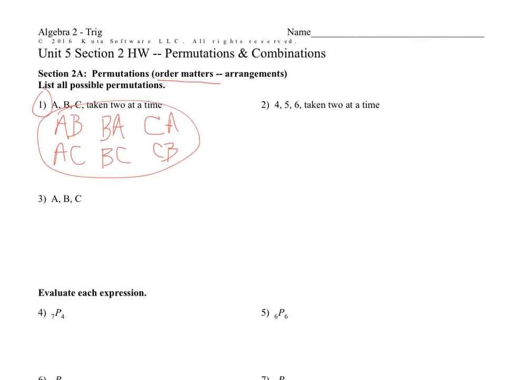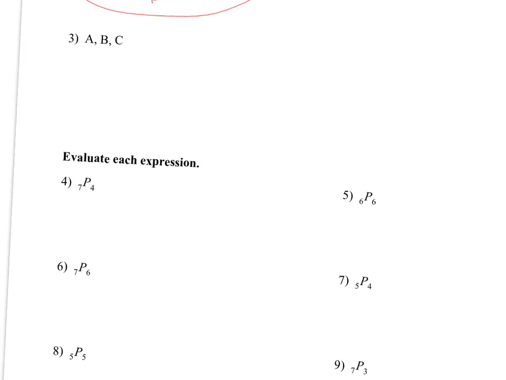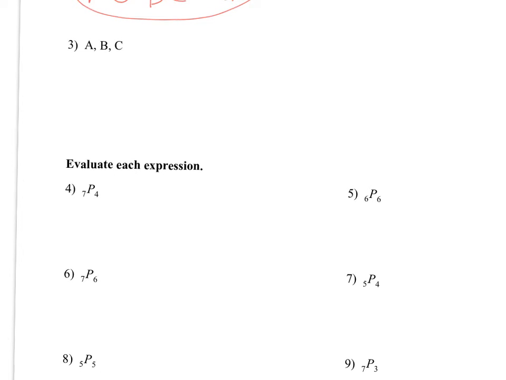Now, let's go down to number 4. So let me slide down here. This is notation for permutations, and we have a formula for permutations. So you're going to want to write this down. It's the number of permutations, and we use an N and an R. So this is the number of permutations or arrangements. N is always the total.